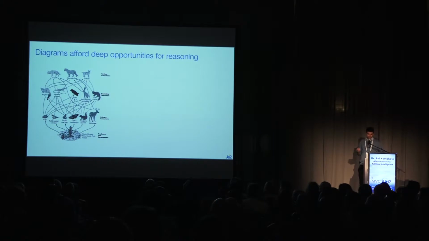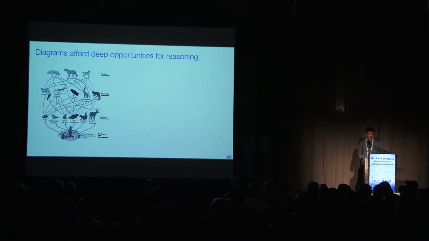Here's a simple example of an image. It's a very simple science diagram that most of us might have studied in middle school. In a natural image, you might see a tiger, or you might see a tiger eating a deer, or so on. But this diagram actually captures the food web of an entire forest.